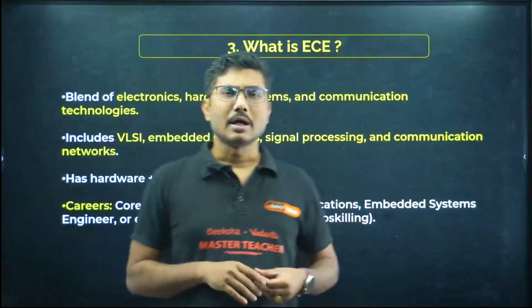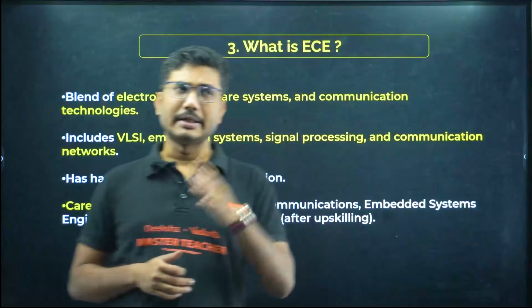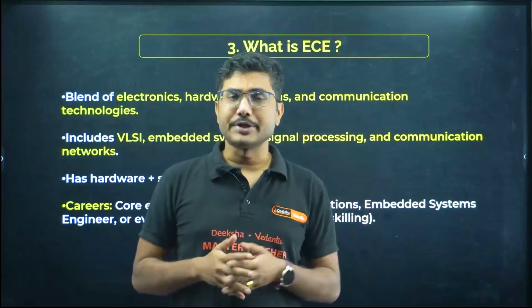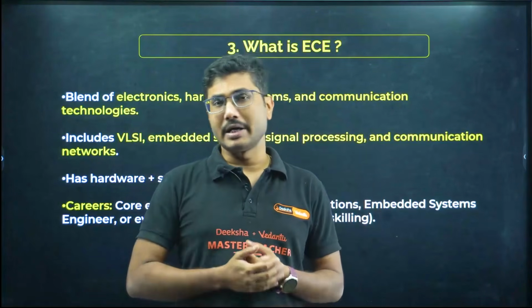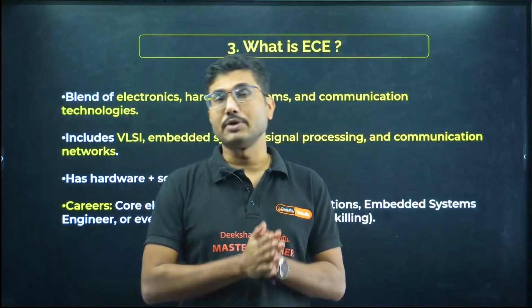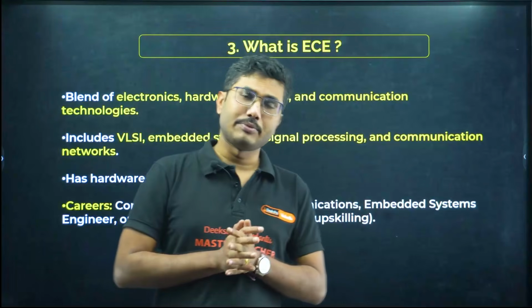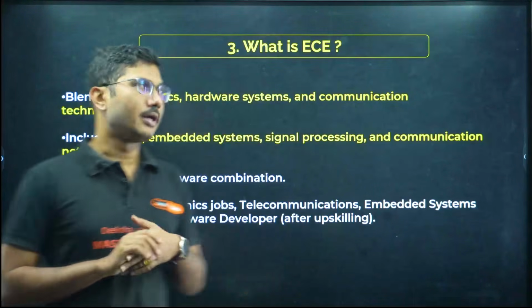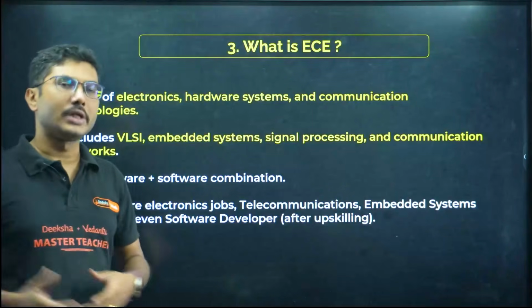Electronics was there since the beginning, I think 1960 and 1970, when the first computers came into the picture. Some hardware development was required for computers, so electronics engineers were there before, but communication came much later, and slowly it became a part of electronics, right?